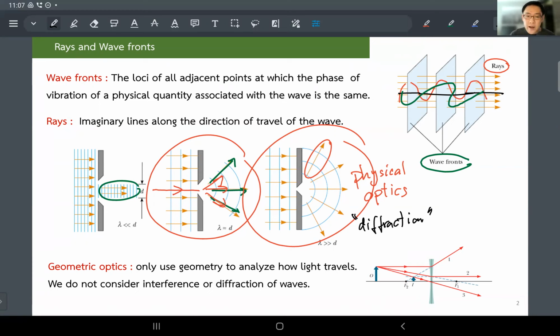So what we care about in our topics here is, I don't want to deal with this. There will be no spreading out. We will only care about the light that actually goes through something, and you can still represent the traveling direction using that single line of arrow or the rays, such as like this.